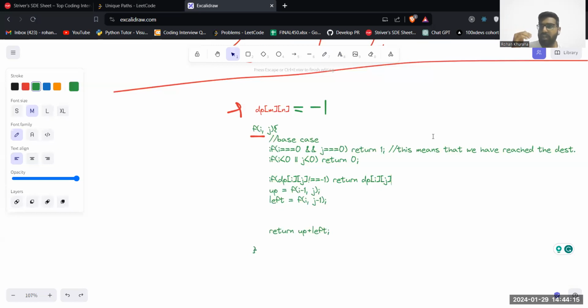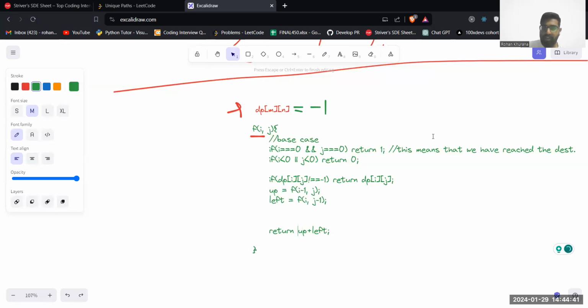But here I'm saying that hey, I have already saved it in the DP array that I've created, and you can save it there. At any point of time, if you need it, and if it's not -1, you can use it. Great.